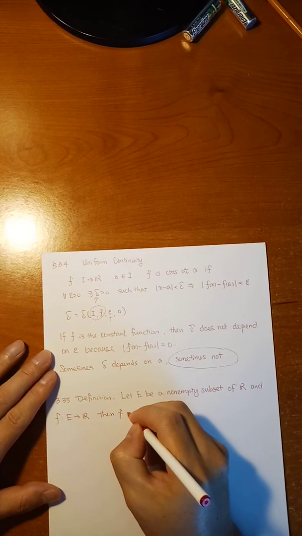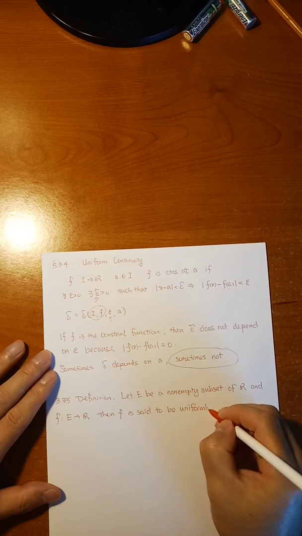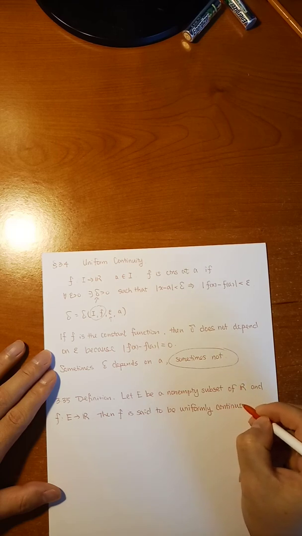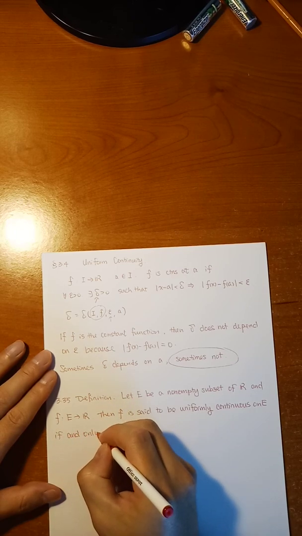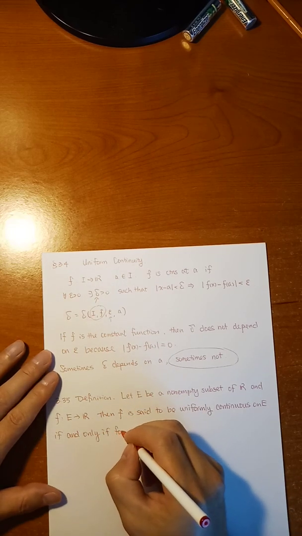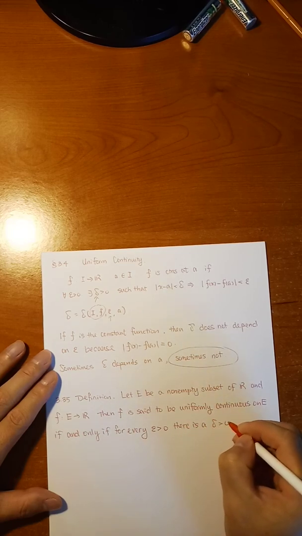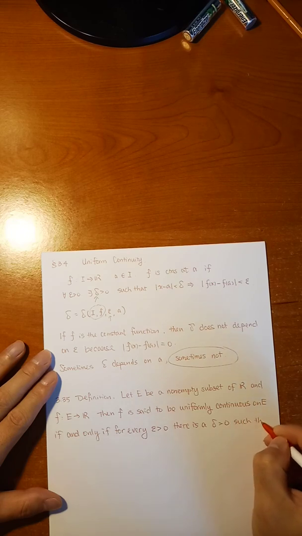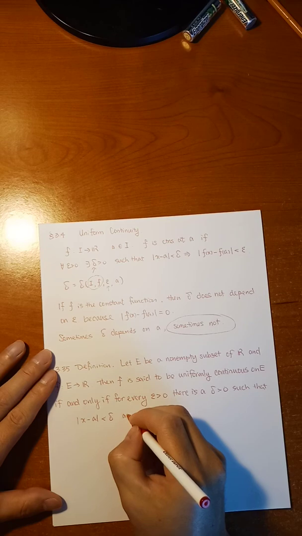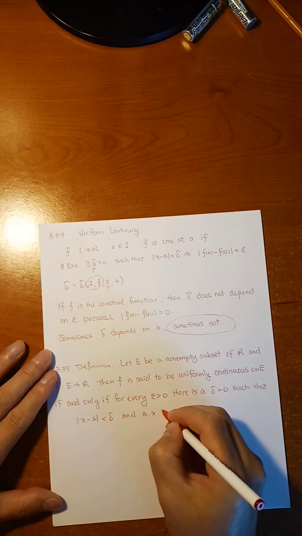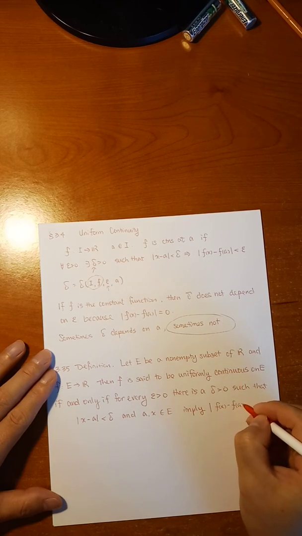Then f is said to be uniformly continuous on E if and only if for every epsilon greater than 0, there is a delta greater than 0 such that |x minus a| less than delta, with x and a belonging to E, implies |f(x) minus f(a)| less than epsilon.